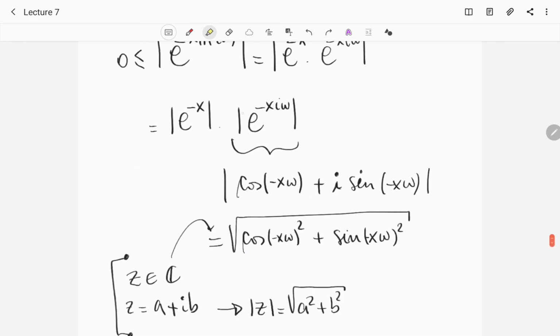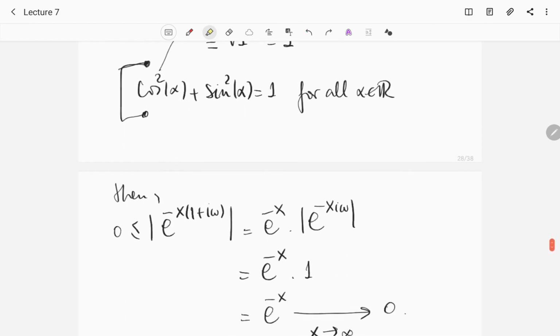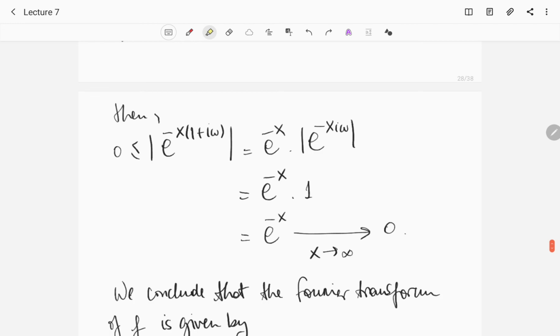So we are only talking about this piece. So finally, the bounds that we get are these: the absolute value of the function that we want to take the limit of is between 0 and this function, which is the exponential to the power minus x.